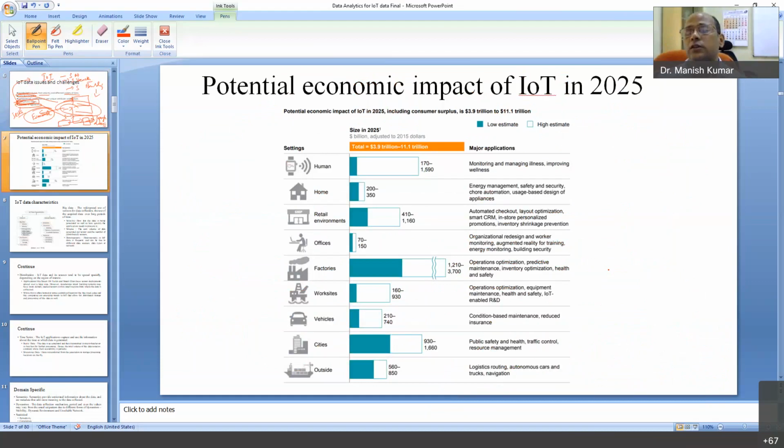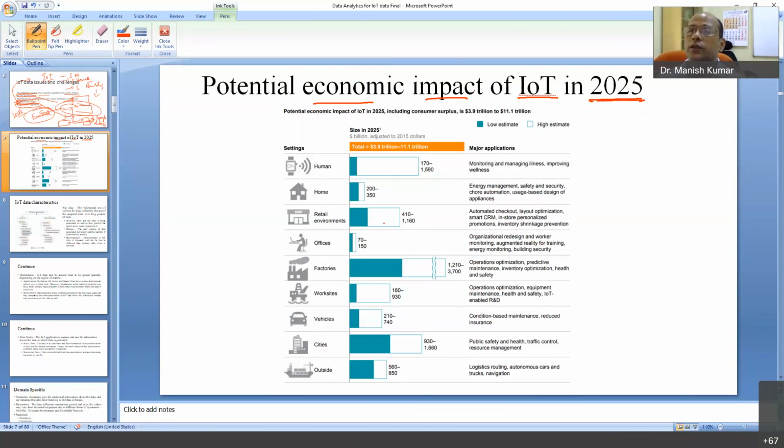This is something we have gathered from the internet, from one observation, where we are talking about the potential economic impact of IoT in 2025.